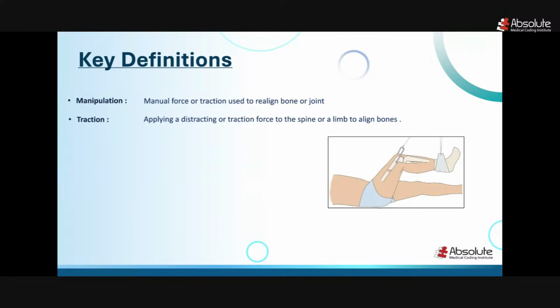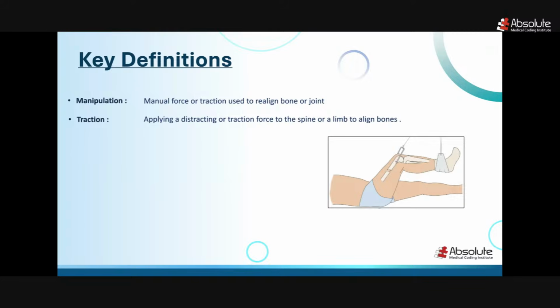And there are two types of traction. One can be skeletal traction, which is the heavy-duty version and uses wires, pins, screws, or even clamps that actually penetrate the bone to apply force. And we can also have skin traction. This is a gentler one, and the force is applied directly to the skin using straps or adhesives.